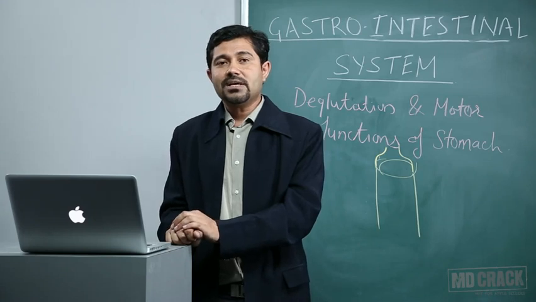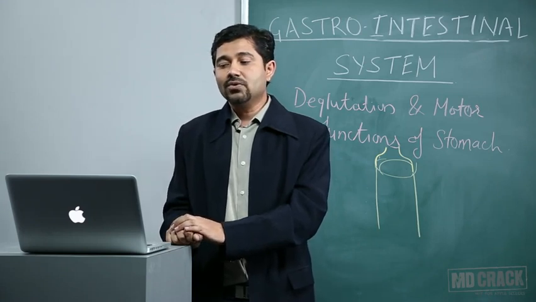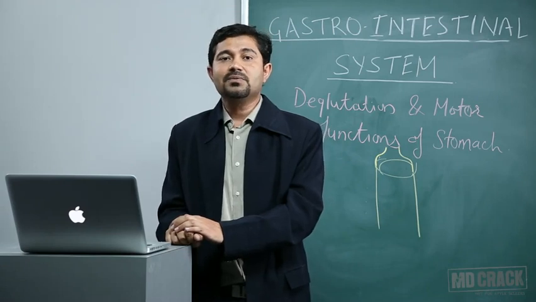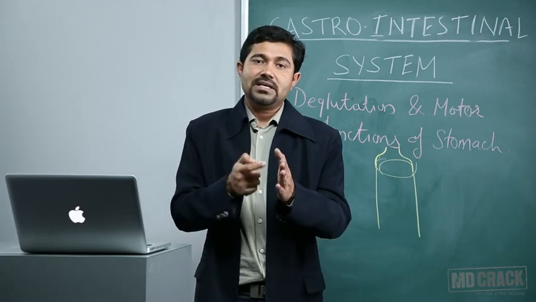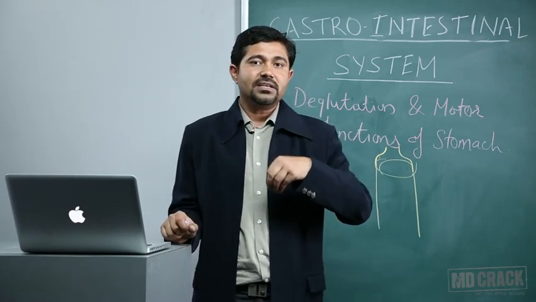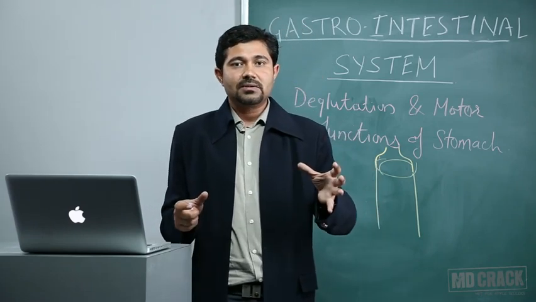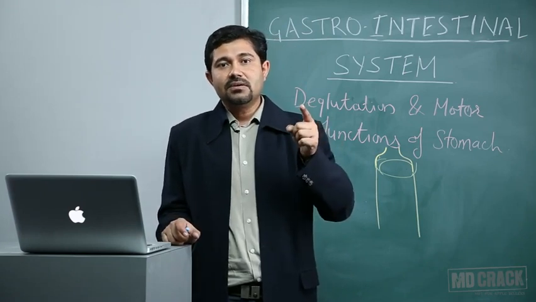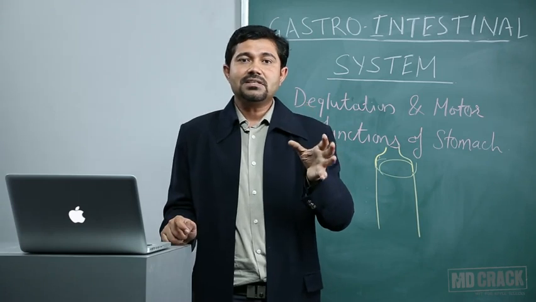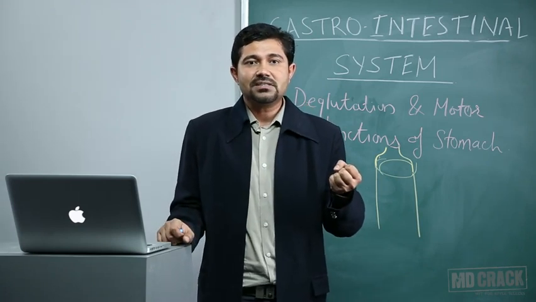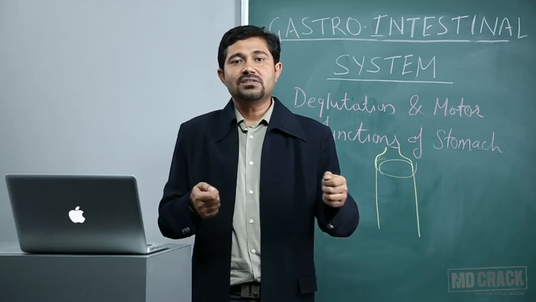How much is the storage capacity of the stomach? 0.8 to 1.5 liters. And how does this happen? Because of the vasovagal reflex, the relaxation of the stomach. Whenever the food enters, stretching of the stomach muscle fibers sends impulses to the vagal centers. Because of that there is a decrease in the stimulation of the vagus nerve, and the smooth muscles will relax.